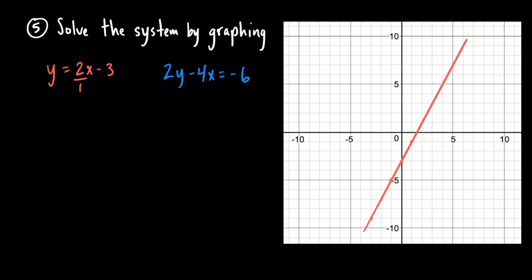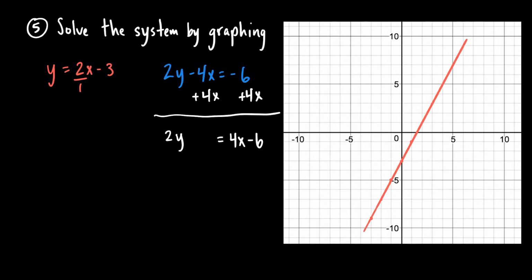And now what we're going to do is the blue one. So let's go ahead and solve for y here. I would add 4x to both sides if we're trying to get the y by itself. So we've got 2y is equal to, let's say 4x minus 6. You could write negative 6 plus 4x, but I like to have that x first.